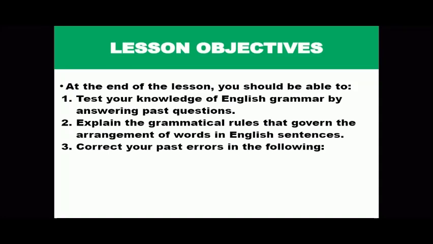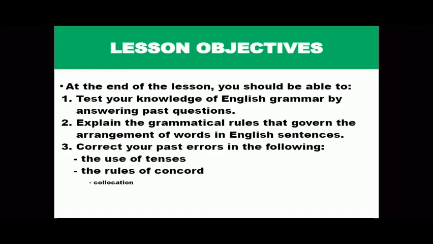And 3. Correct your past errors in the following areas: the use of tenses, the rules of concord, collocation, and other grammar rules. So let's get started right away with the test.